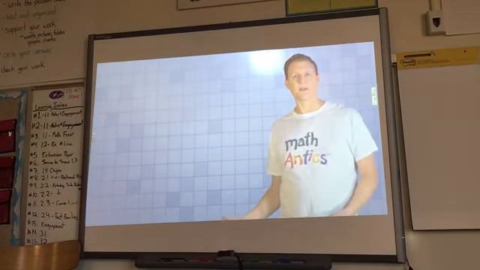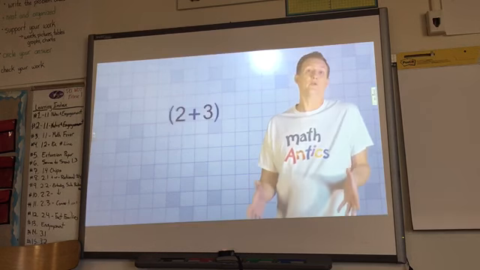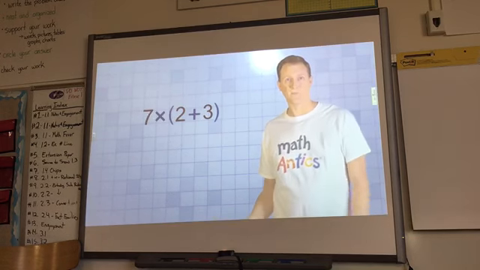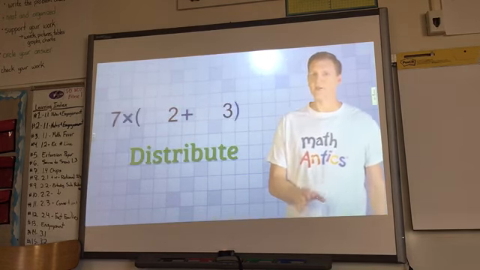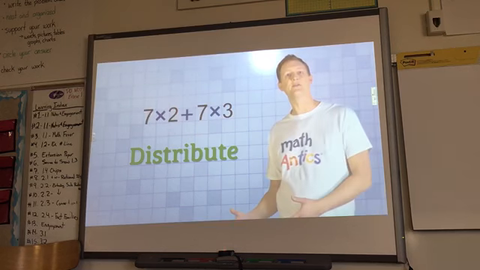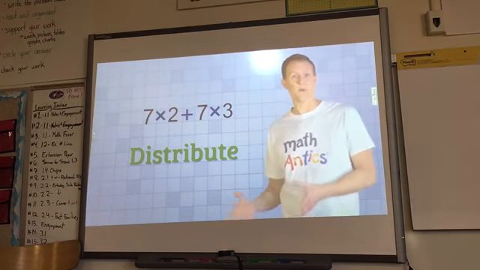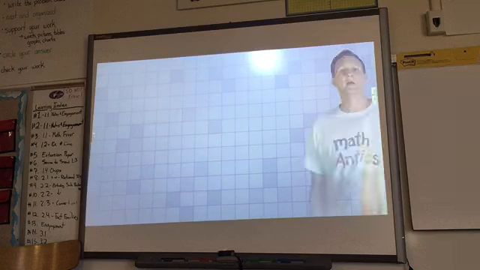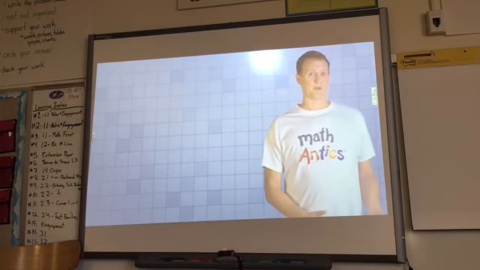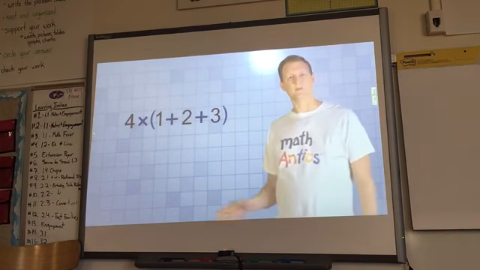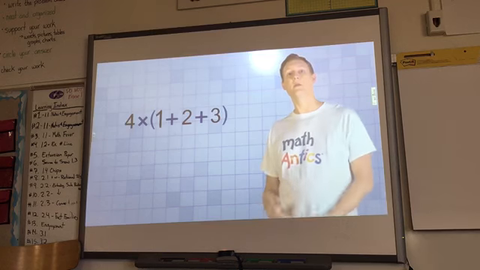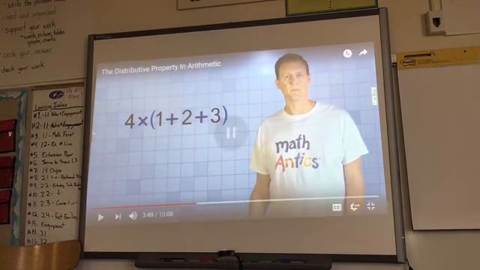So the distributive property is basically a way of getting rid of a group that is being multiplied by a factor. If you distribute the factor to each member of the group, you'll get the same answer you would if you calculate what's in the group first and then multiply. And it works no matter how many members are in the group. Like in this problem, you have to multiply 4 by the group 1 plus 2 plus 3. Okay, go for it.